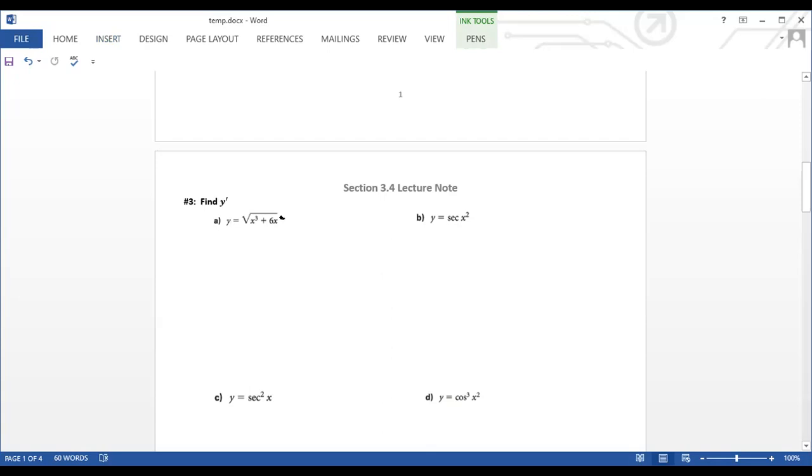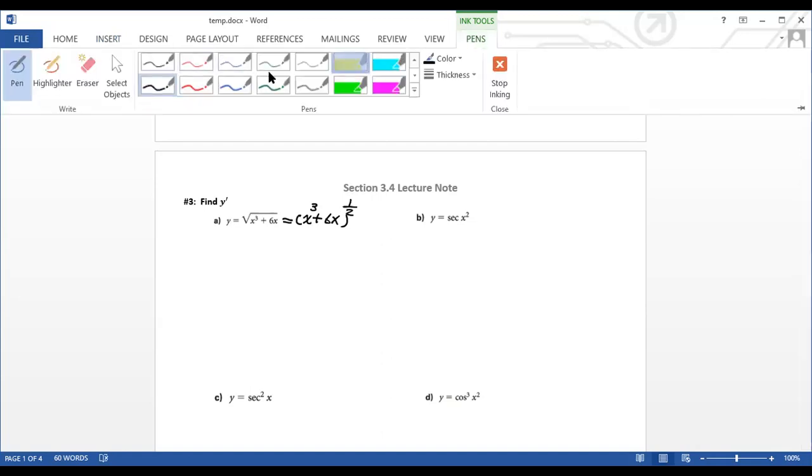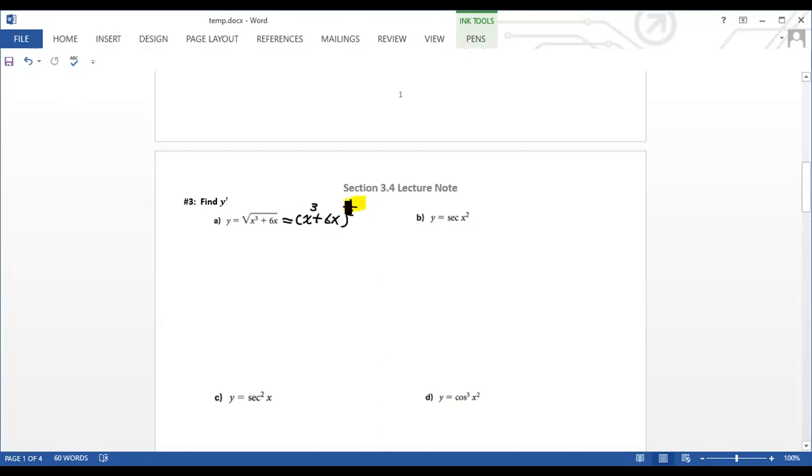If you rewrite this, it is x cubed plus 6x to the power of 1/2, since the square root is 1/2. Then you immediately see, oh wow, the 1/2, that is a power rule, right?